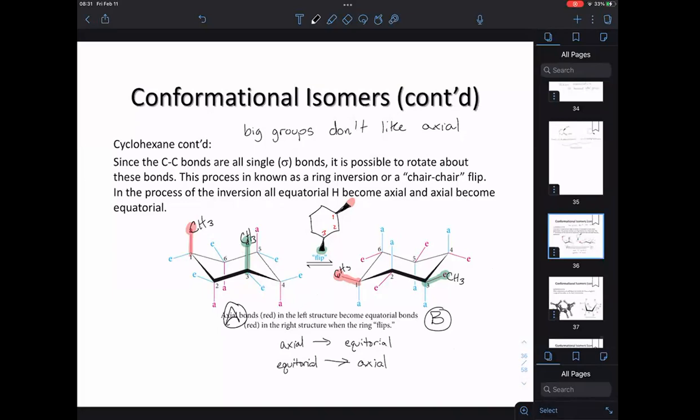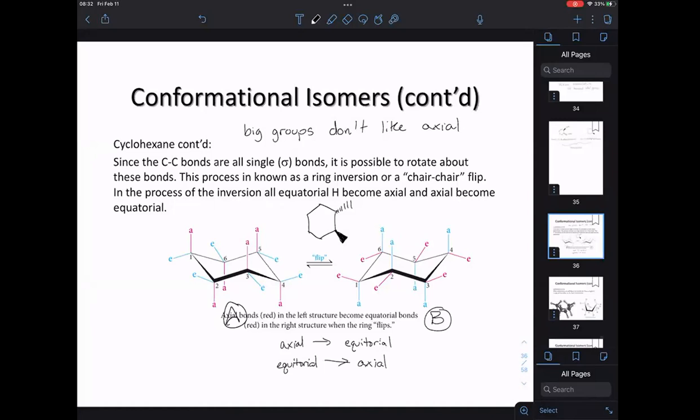Okay. Let's do another example here. I want you to do this whole thing on your own and map out where these methyl groups should lie in each structure.